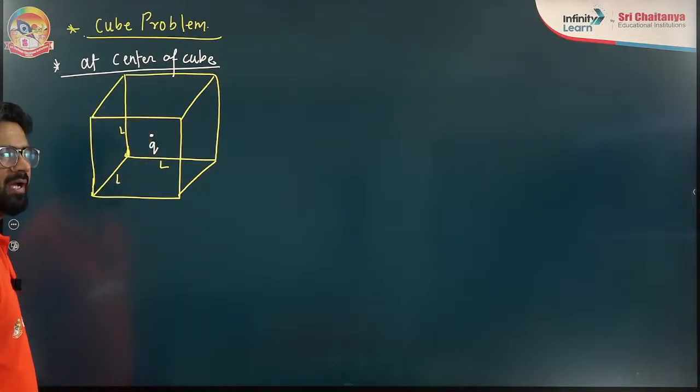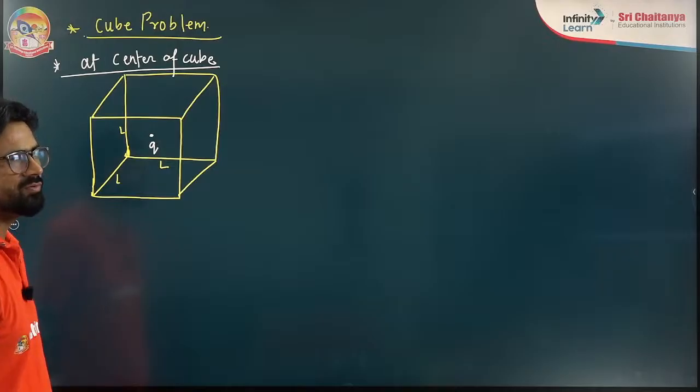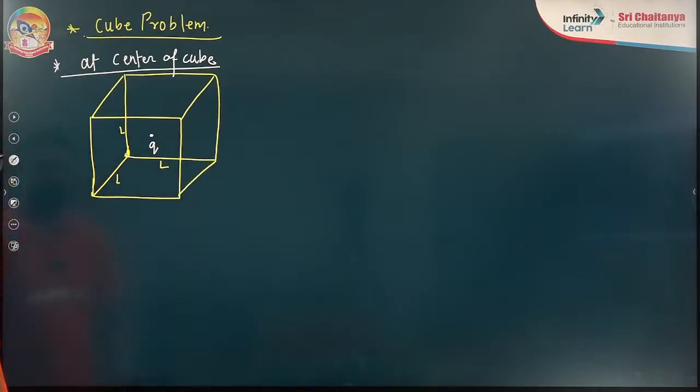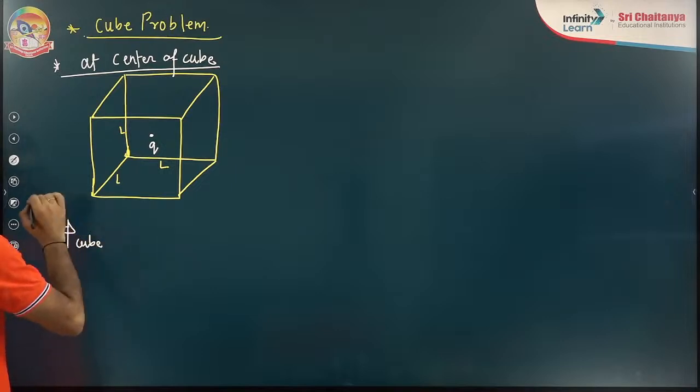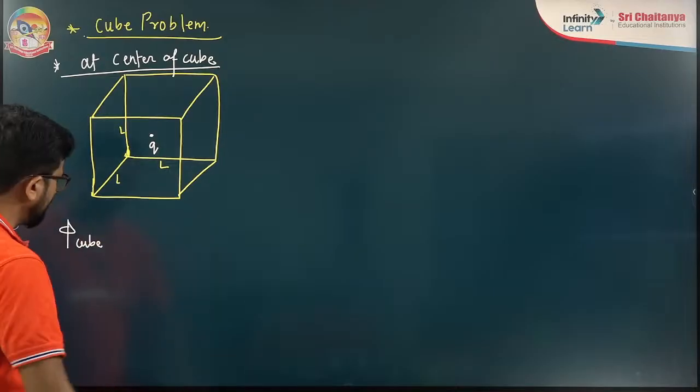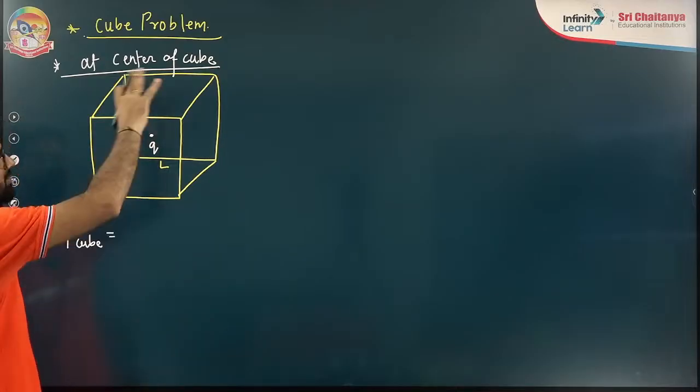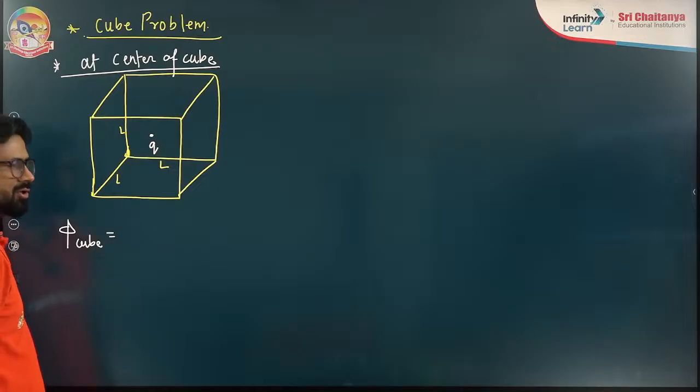So this charge is placed at the center of the cube. If a charge is placed at the center of the cube, the very first question is: what is the flux associated with the cube? You will say directly, sir, this charge is completely enclosed inside the cube. Yes.